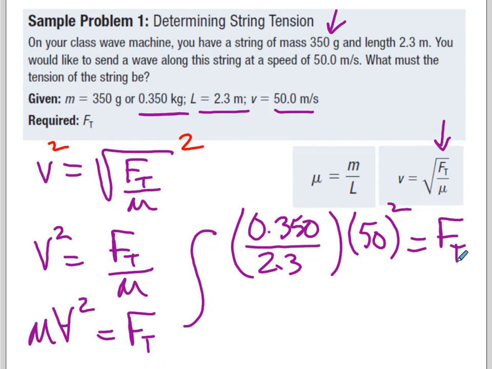I'm going to go slowly here so I don't punch in a ridiculous number, and I'm going to trust my calculator, and I get 380, not meters per second, I almost blew it, 380 newtons is my tension force.